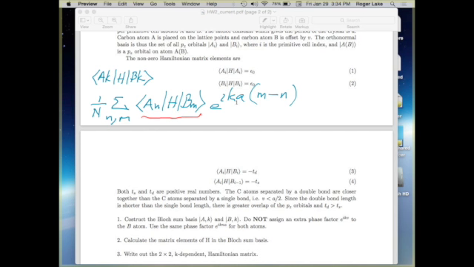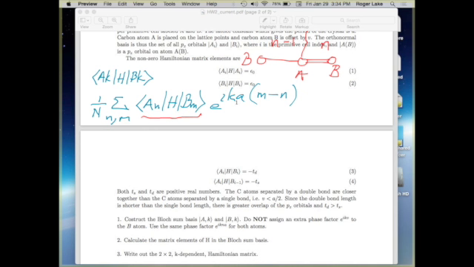The way I had it set up, I had an A double bond B in the same unit cell, and then the other nearest neighbor in the unit cell behind it. So these two are in unit cell N, and this is N minus 1. That's the way the indices are on the unit cells.